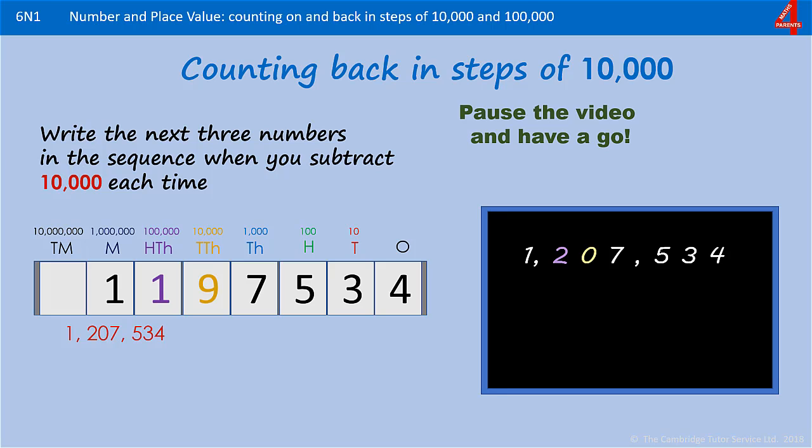1,207,534. Take away 10,000. Once again, the 7,534, they stay exactly the same. We have nothing in the 10,000s column, and we need to take away 10,000 from that.